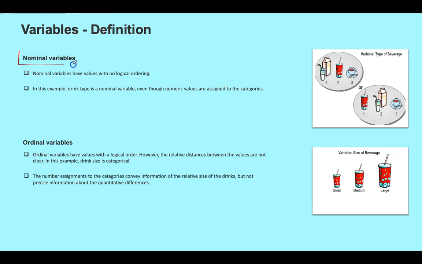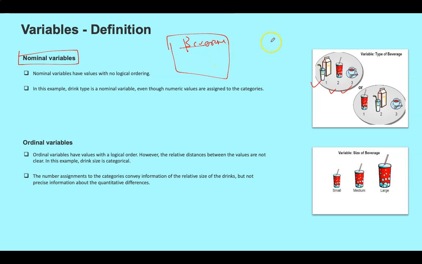When I say nominal variable, let's suppose we go to a restaurant and in the menu there is a section called beverages. In beverages there are certain items: coffee, milk and tea. These are different categories of data, but they don't have any order.